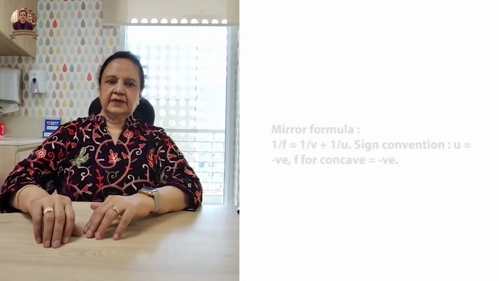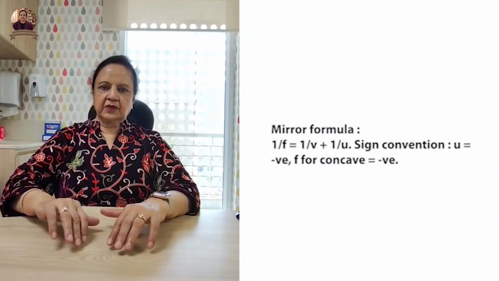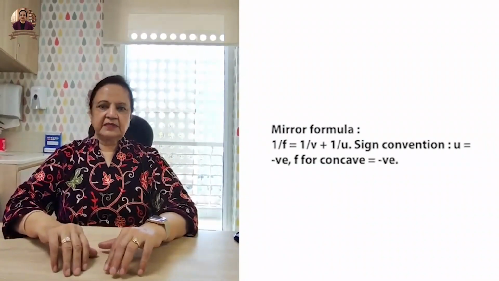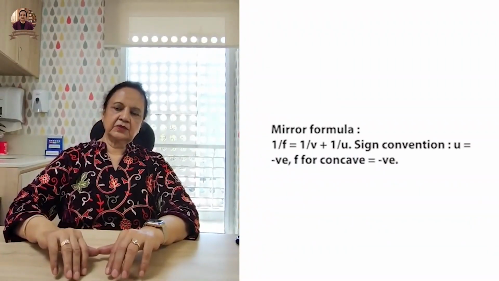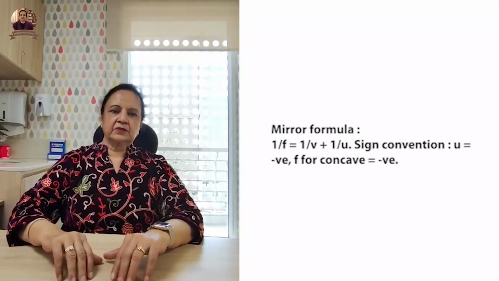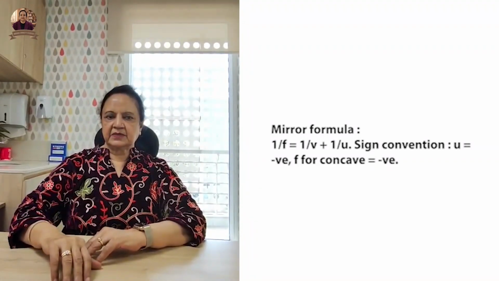Let us move on to physics. Light. Example: object 30 centimeters from a concave mirror. Focal length is 20 centimeters. We have to find out the image distance. u is minus 30 centimeters, f is minus 20 centimeters.